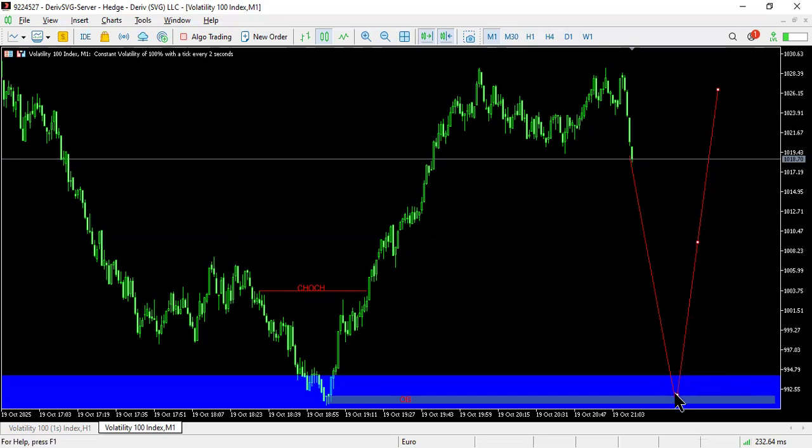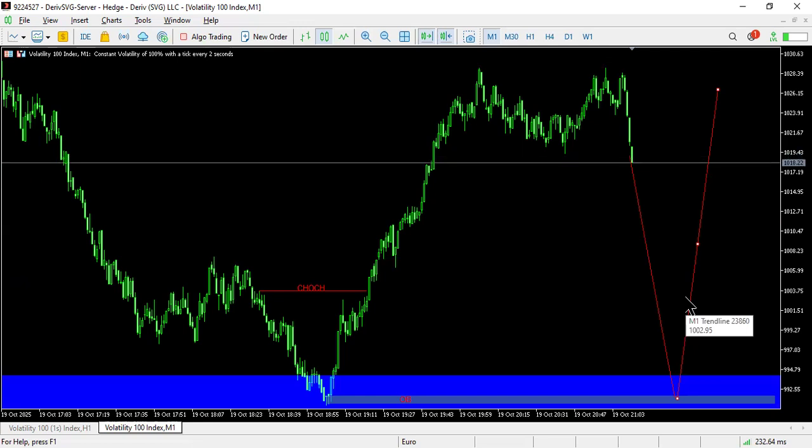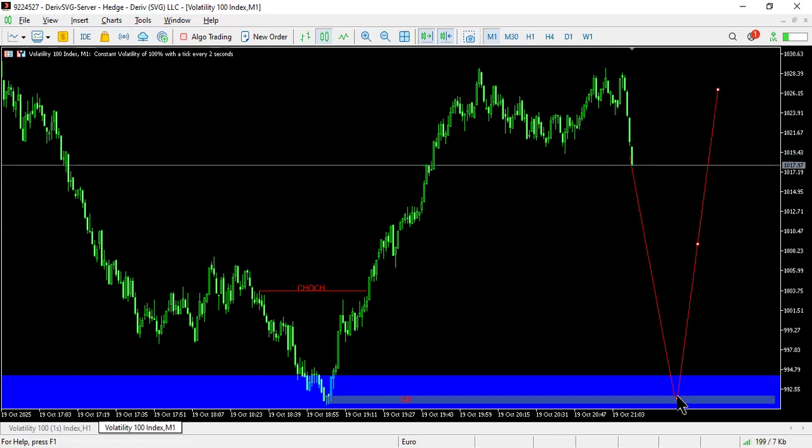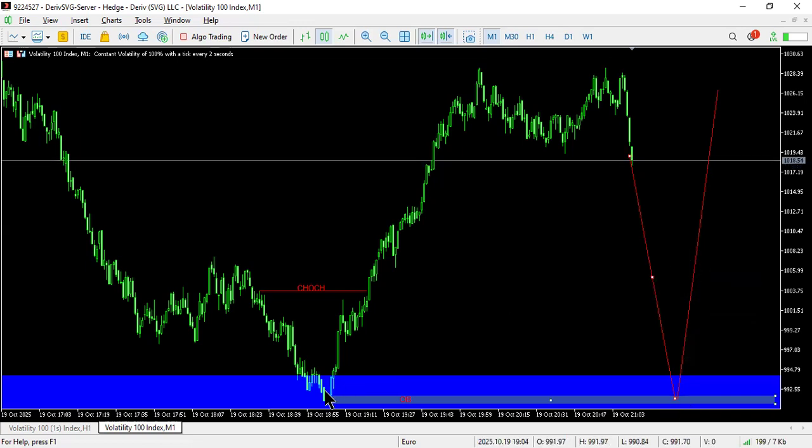So what you should wait out for at this order block, you need to see a bullish pin bar or a tweezer bottom, or the doji plus the confirmation or the rejection candlestick. That's what you need to see at this order block before you can place your entries.